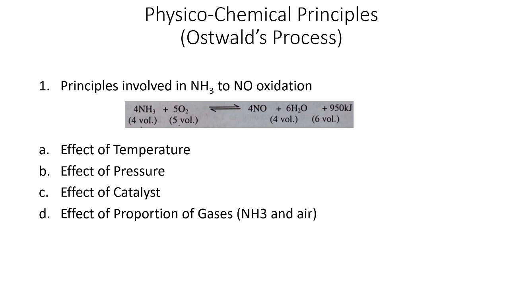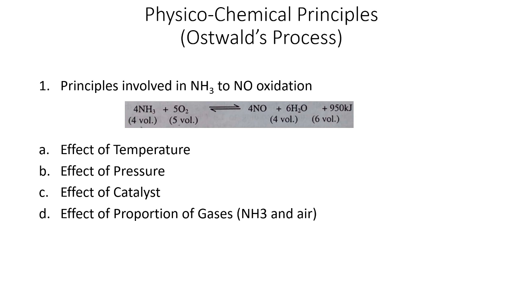Similarly, many side reactions may occur that reduce the yield of nitrogen oxide, and more ammonia is wasted. Means if we are using excess quantity of ammonia than what is proposed, then not only is there a danger of explosion, but there is a possibility that other unwanted, undesired side reactions may take place.